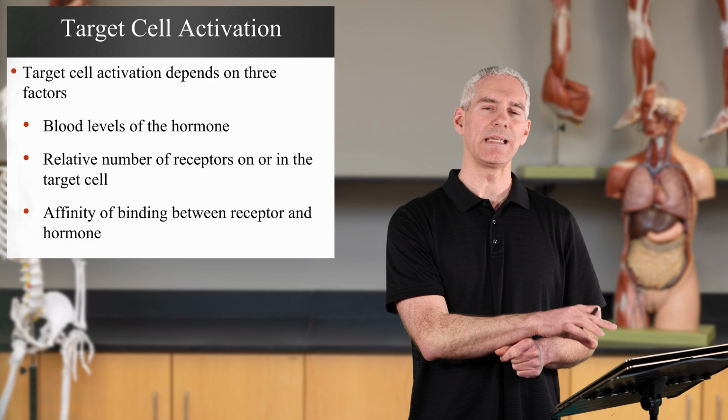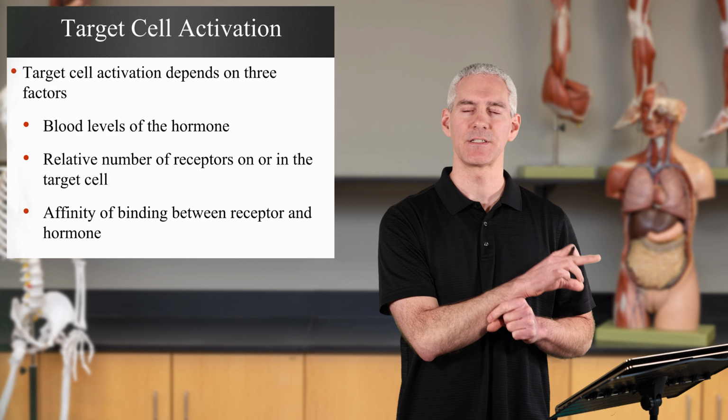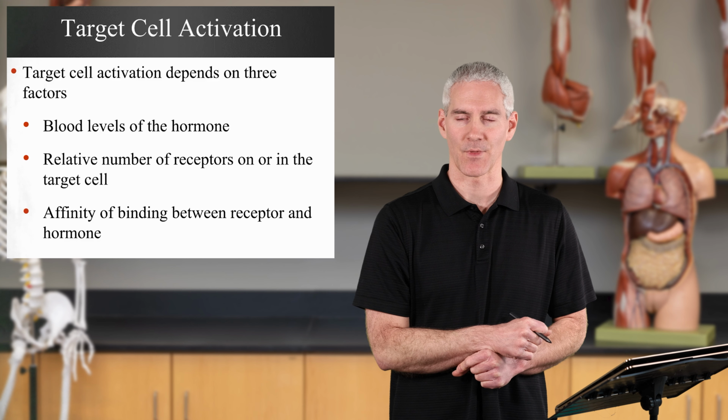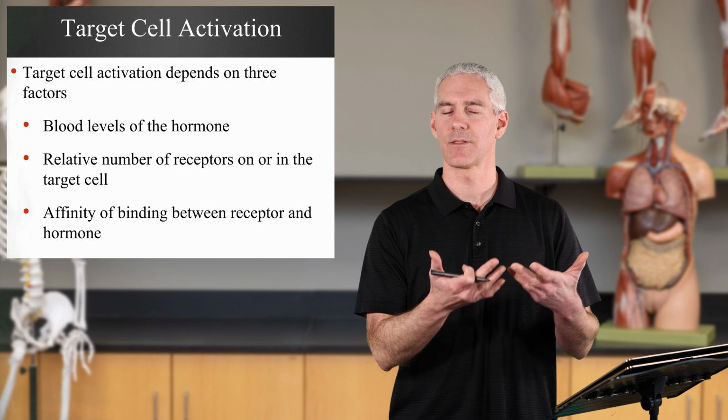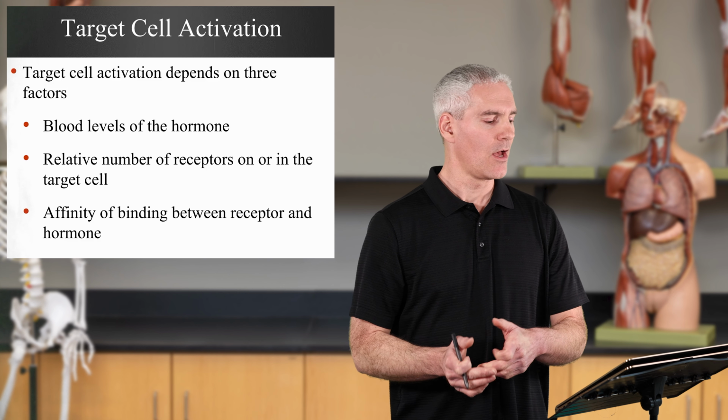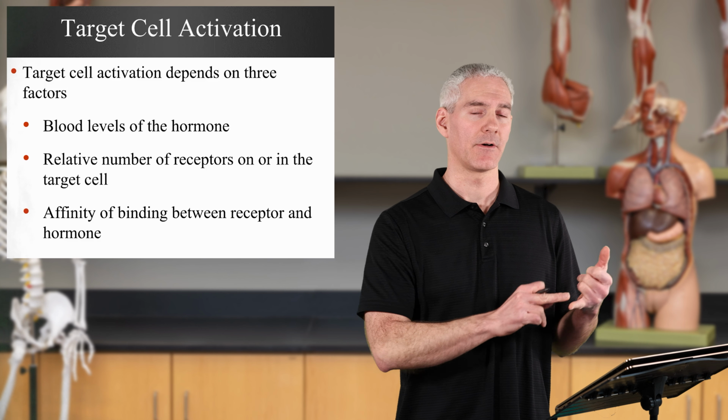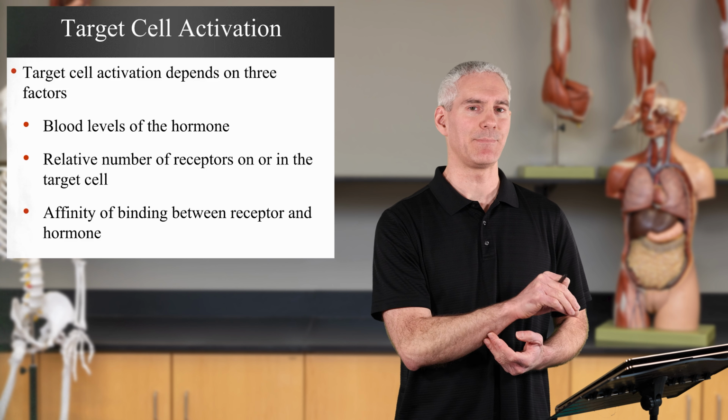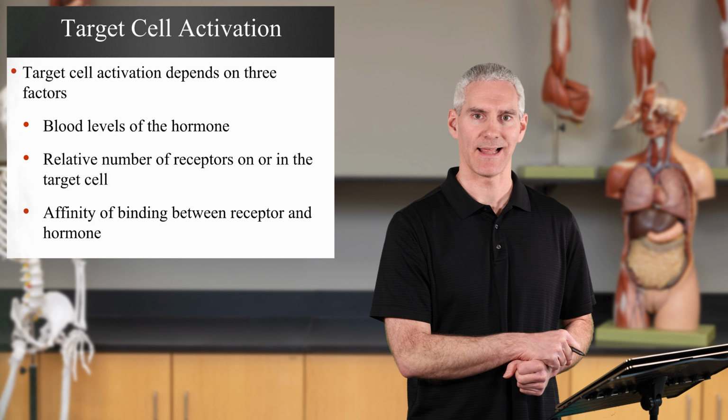So these are the three key factors of target cell activation. If you want to activate the proper cells, make sure you have enough hormone in the blood, make sure you have enough receptors to bind that hormone, and make sure there's a strong enough affinity to attract the hormone. So the three key pieces of target cell activation.